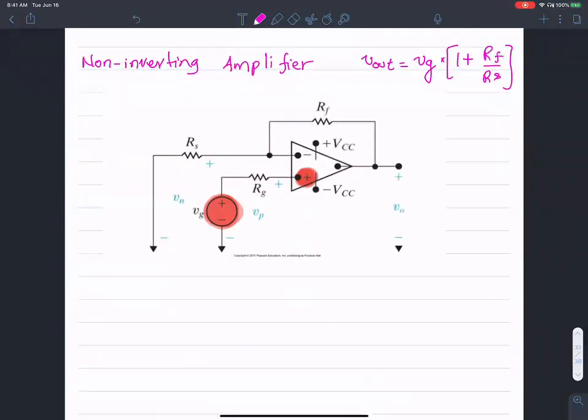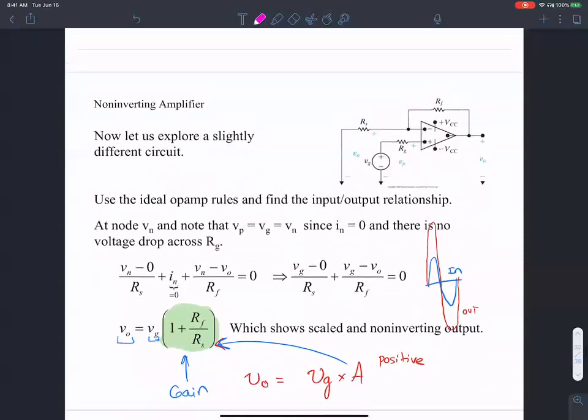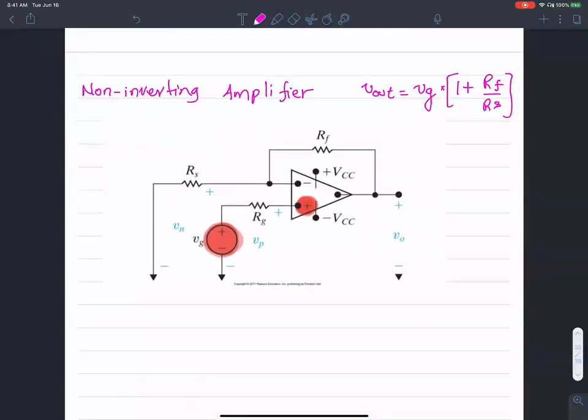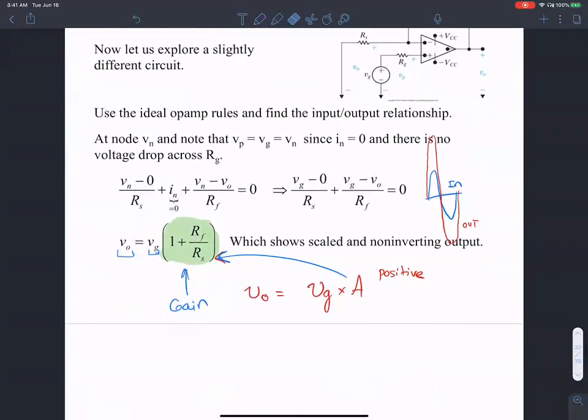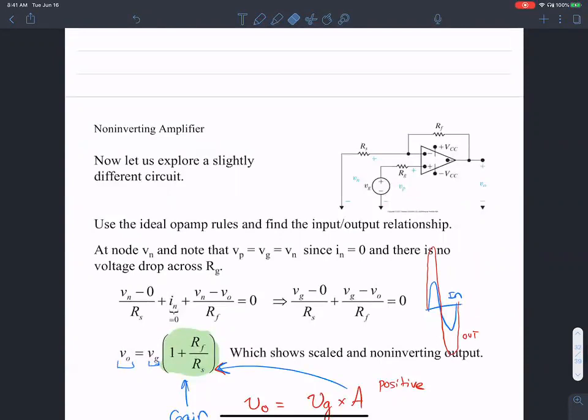So let's follow this and see the analysis that we get in this case. The idea is that Vn minus V0 is this guy.